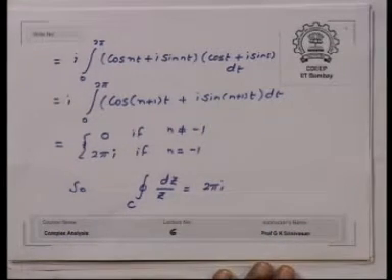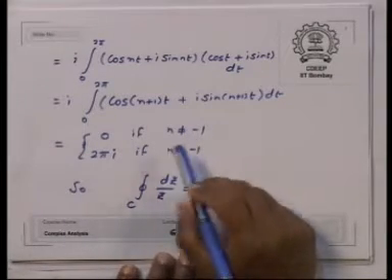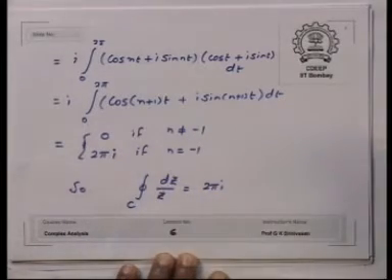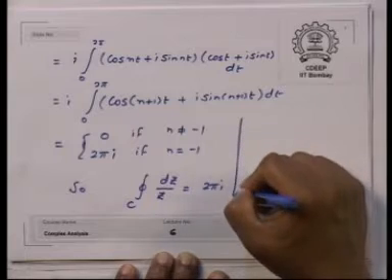the integral of cos (n plus 1)t plus i times sin (n plus 1)t dt, which is 0 if n is not equal to minus 1 and 2 pi i if n equal to minus 1. So, what is our conclusion?